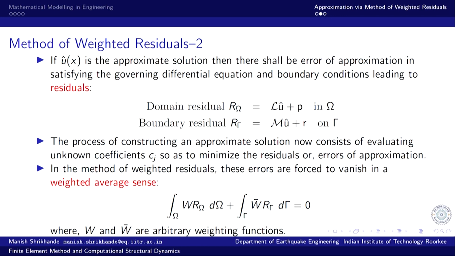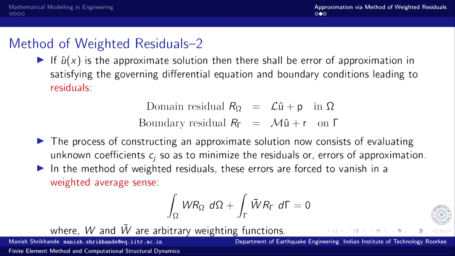over the entire domain. So, the domain residual multiplied by some weighting function, let us say W, and integrated over the entire domain of the problem, plus the weighted residual of the boundary. W bar is another weighting function which operates on the boundary residual, and this is accumulated over the boundary, and these together should vanish, and W and W bar are arbitrary weighting functions.